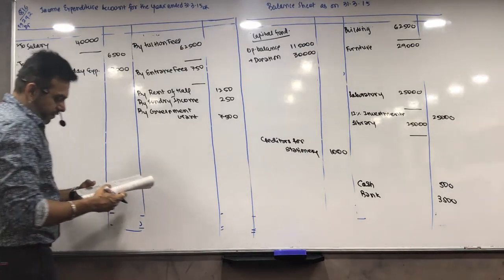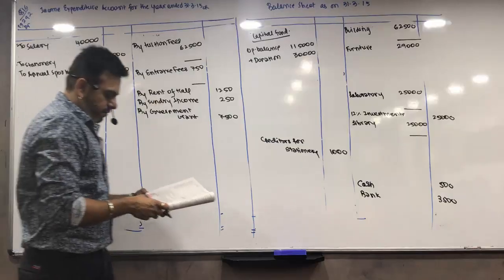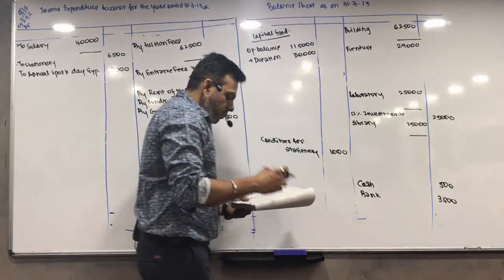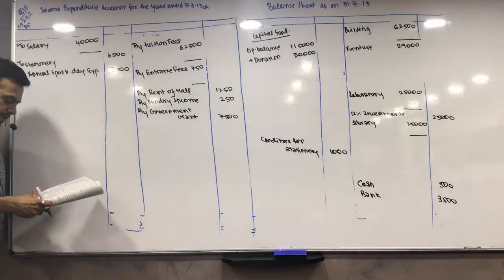Sale of old furniture. Now here we have to deduct, but we'll do a working later on.